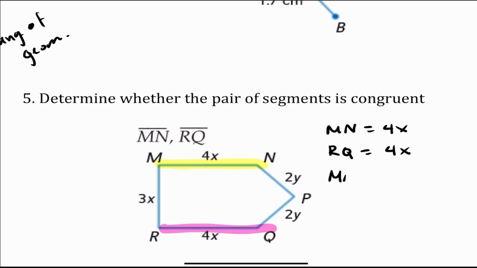So I can say that MN equals RQ. That's in the language of algebra. But that's not what I'm trying to prove here. Because I know that MN is equal to RQ, then it implies that segment MN is congruent to segment RQ. And there you go, I just proved it.